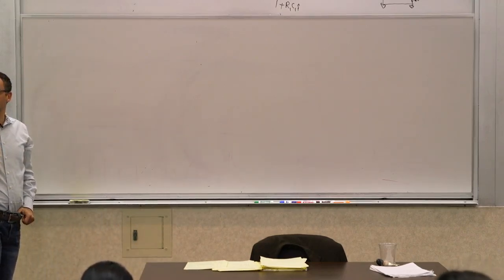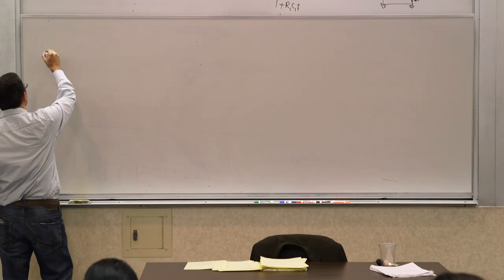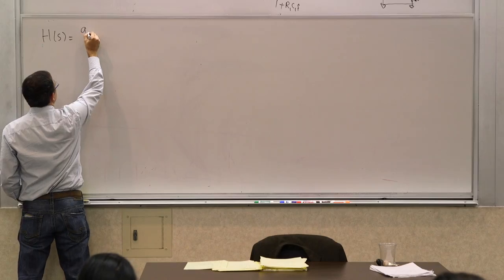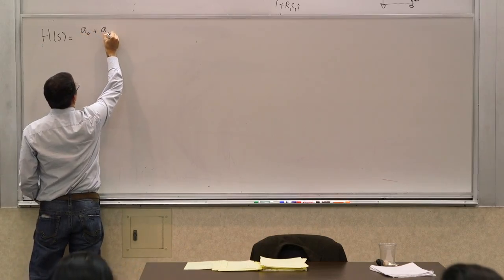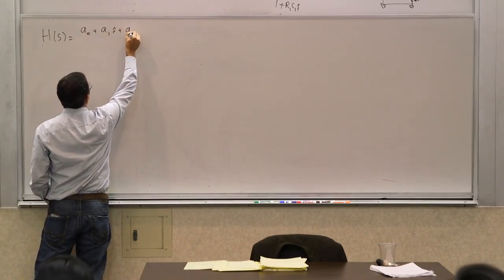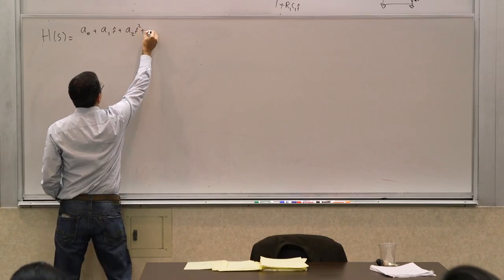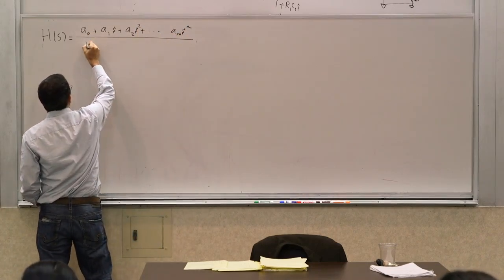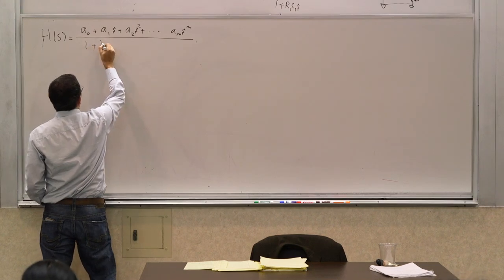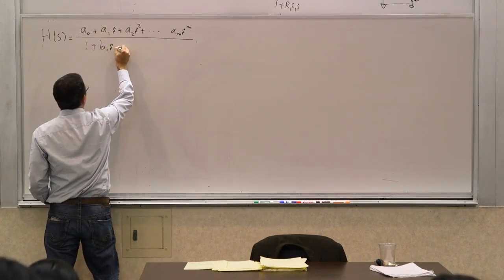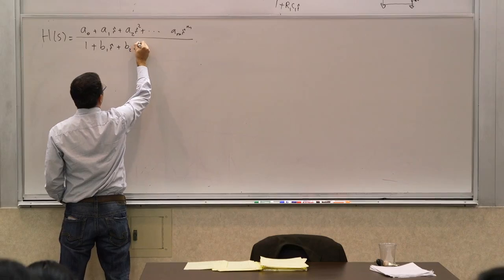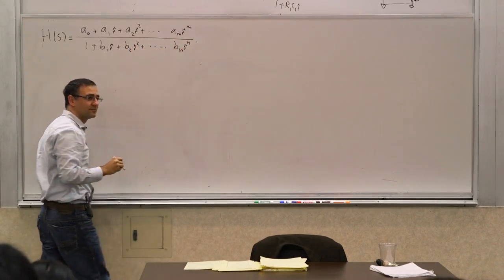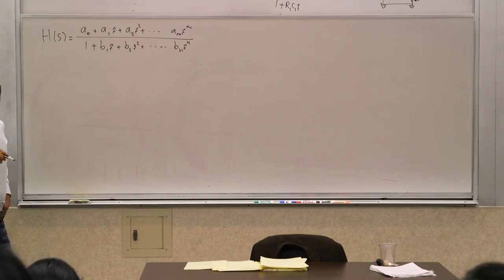How about higher order systems? A higher order transfer function in general for an nth order system has the following form: A0 plus A1s plus A2s squared all the way to Am s to the m, and in the denominator, 1 plus B1s plus B2s squared all the way to Bn s to the n.